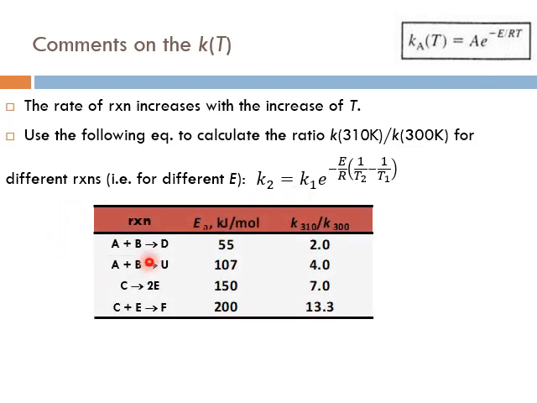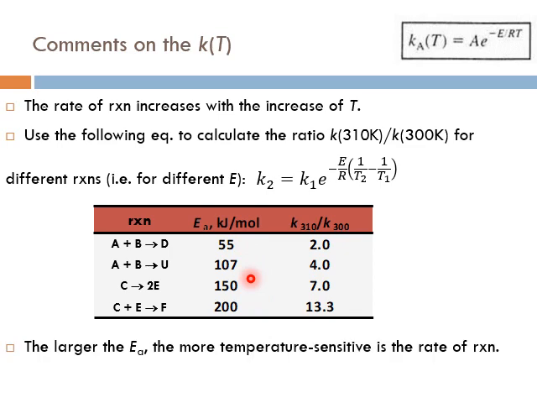And let's see, for this reaction, this is the activation energy, for this reaction, this is the activation energy, and so on. And as you can see, the larger the activation energy, the more temperature sensitive is the rate of reaction. The ratio here is different, and actually the ratio increases as the activation energy increases.